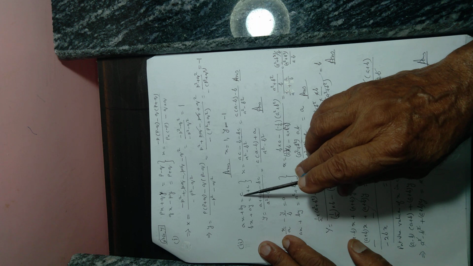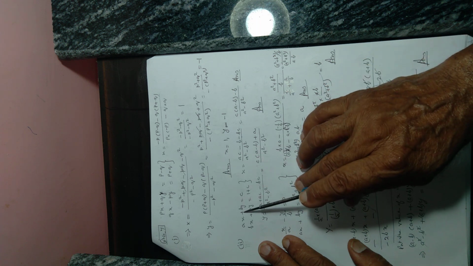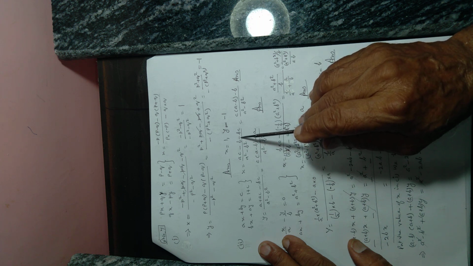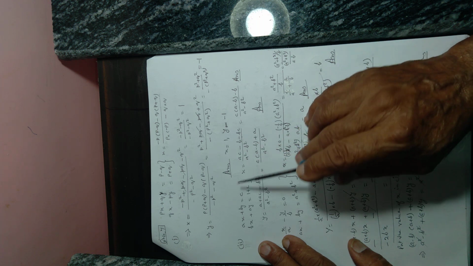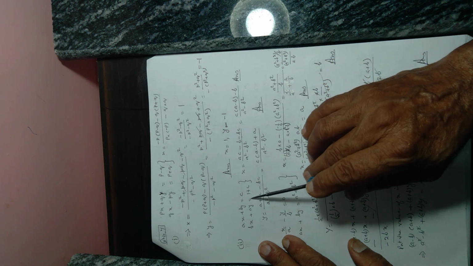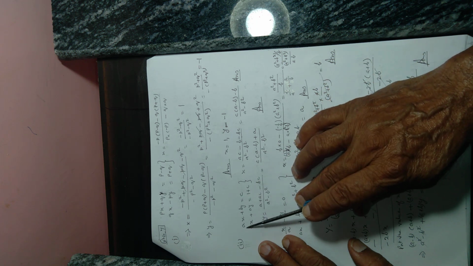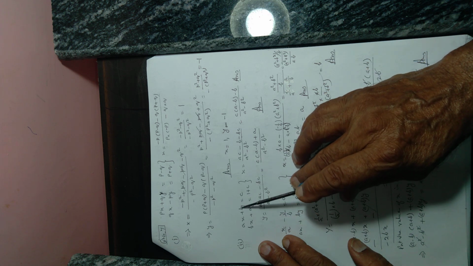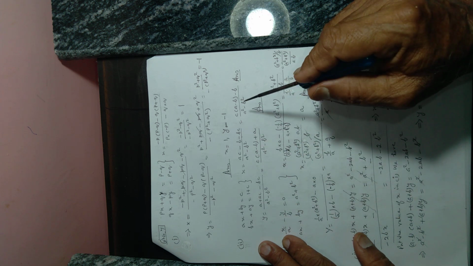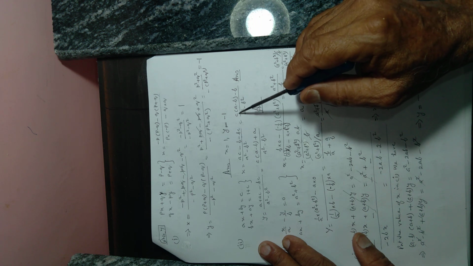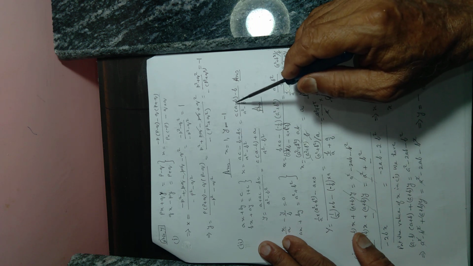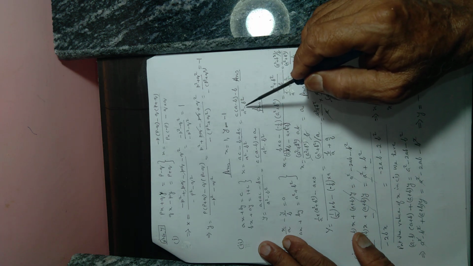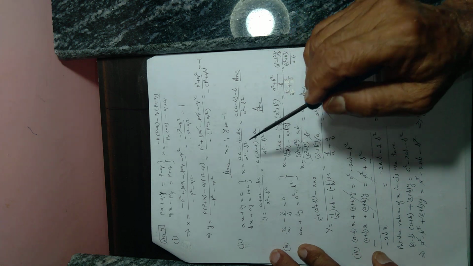So a into c minus b into (1 + c), that is -b - bc. Now for the denominator, you just cover the constant terms and multiply a into a, that is a², minus b into b, that is b². So we are having c inside the bracket (a - b) whole upon a² - b². This will be the answer for x.